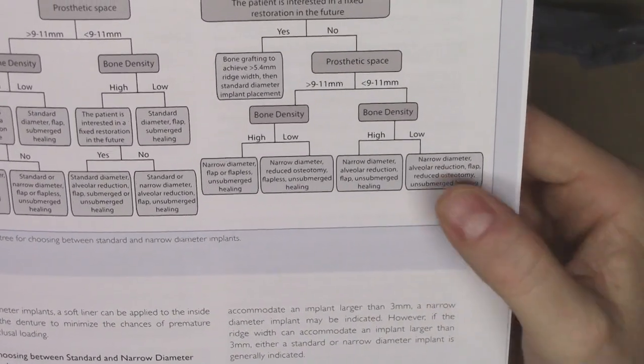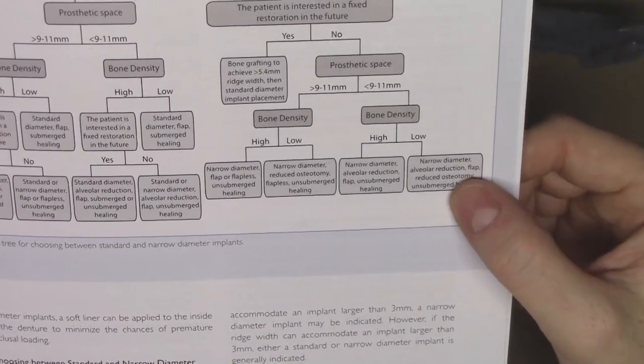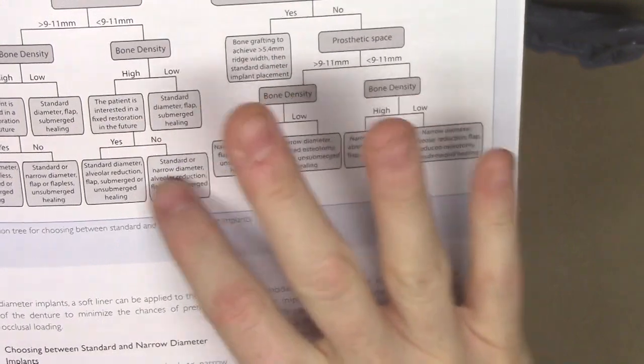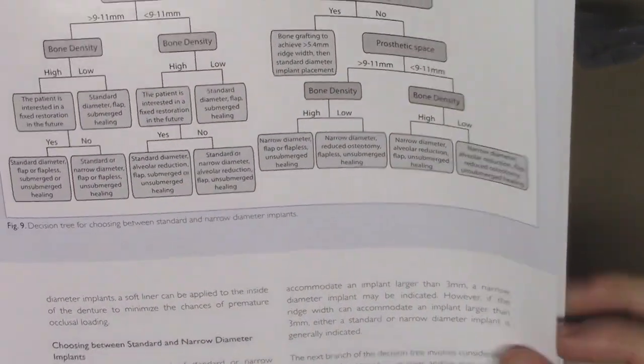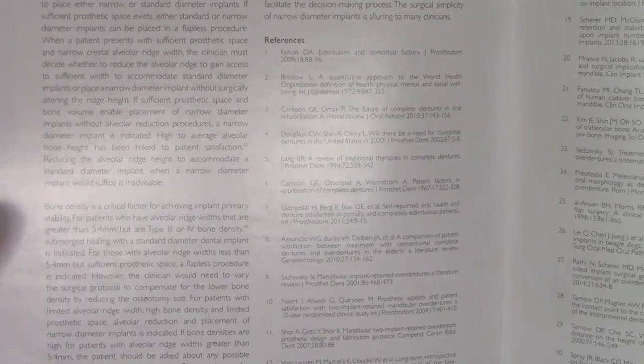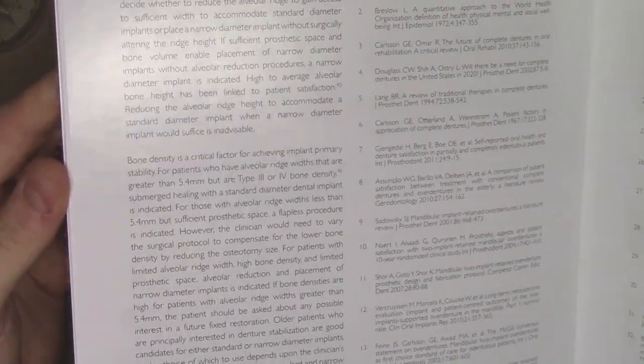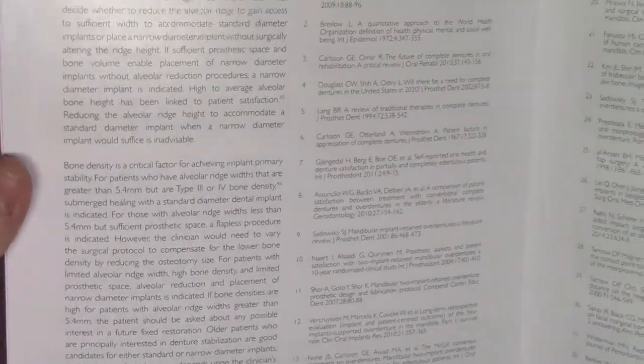The big difference between the two is just how you do your reduced osteotomy. So in low bone density situations, wherever we are, I typically recommend reduced osteotomies so you can increase your primary stability. Bone density really is a critical factor, as I describe later in this article, and many times it is a critical factor for implant success, whether it's standard or narrow diameter implants.